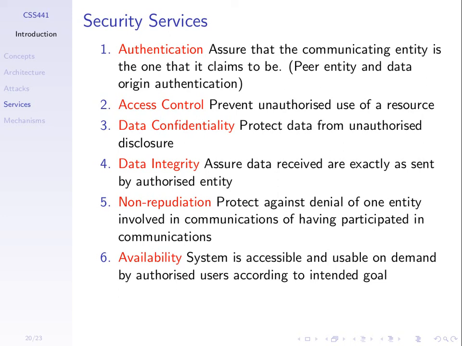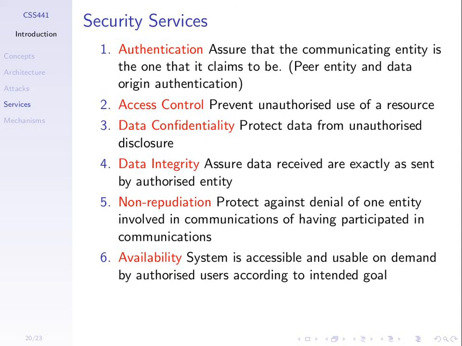So that is what non-repudiation is about. And it's very important with financial transactions. Someone sends money across the internet, they receive that money, then they deny they received it. Or similarly, like the assignment submission example.